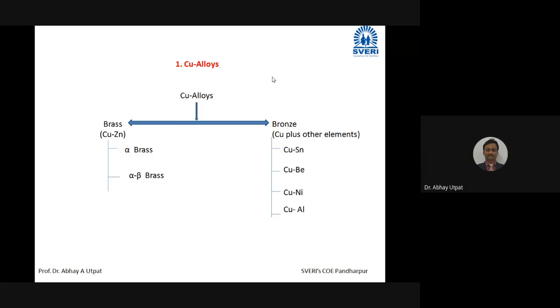Who will tell? I don't know. Dhondiram Wagmare. Roll number 20. Hello, sir. Yes, sir. Please tell, what is your understanding by the word brass and bronze?